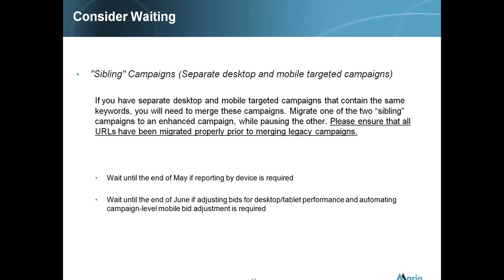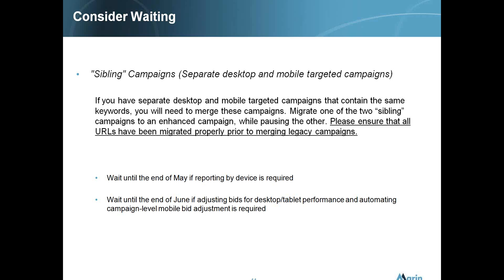But if you haven't done any of that and you are thinking about when to migrate your campaigns, in a given account, you have separated desktop and mobile targeted campaigns. Again, we've already cleared May, so reporting is available by device.